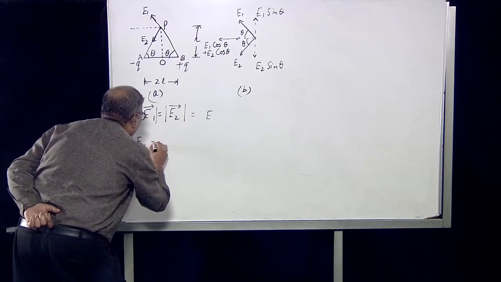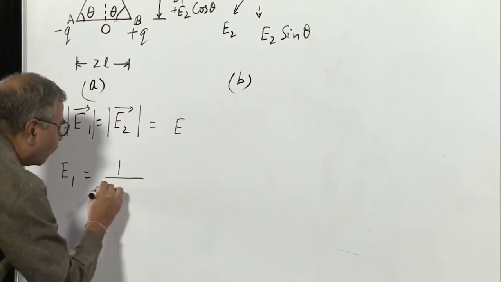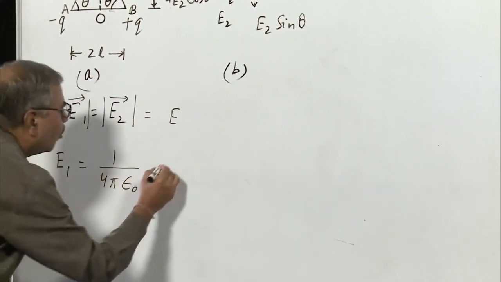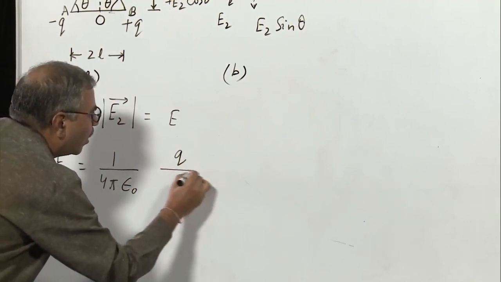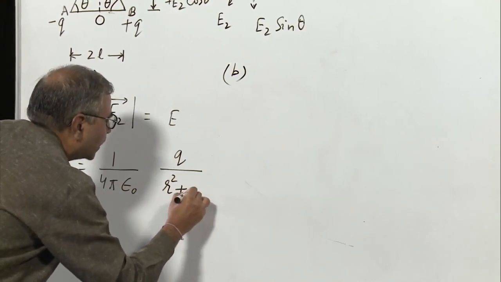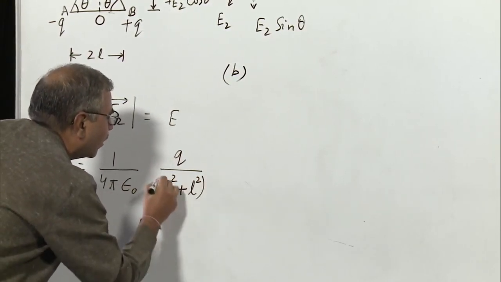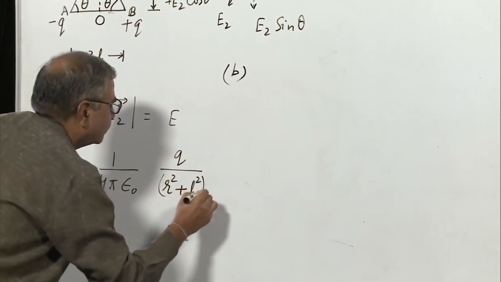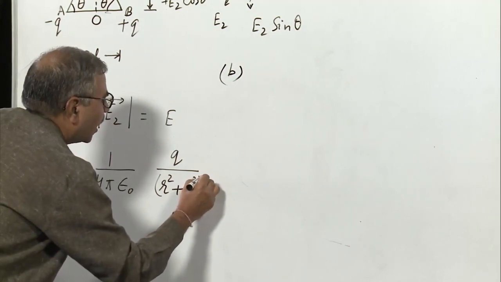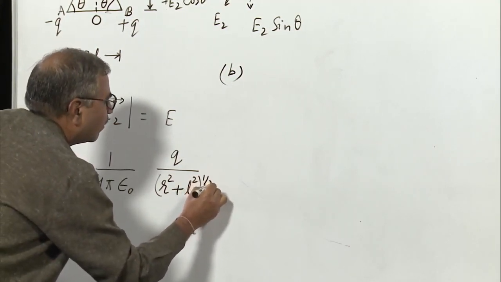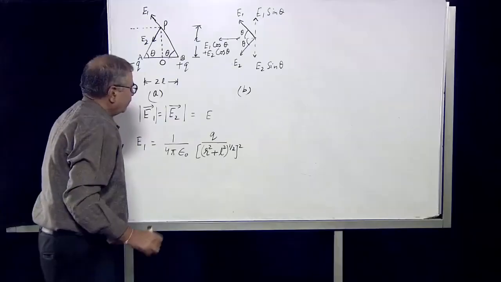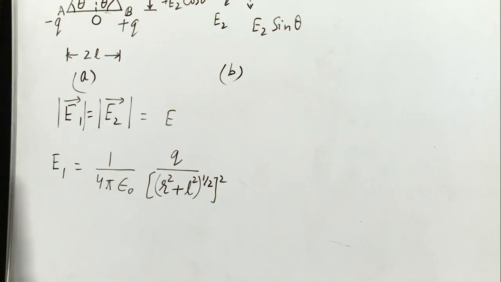Now, let us write out the expression for E1 and E2. E1 will be equal to 1 upon 4 pi epsilon naught q upon (R square plus L square) raised to power half whole square, means 1 by 2 and 2 will cancel each other.